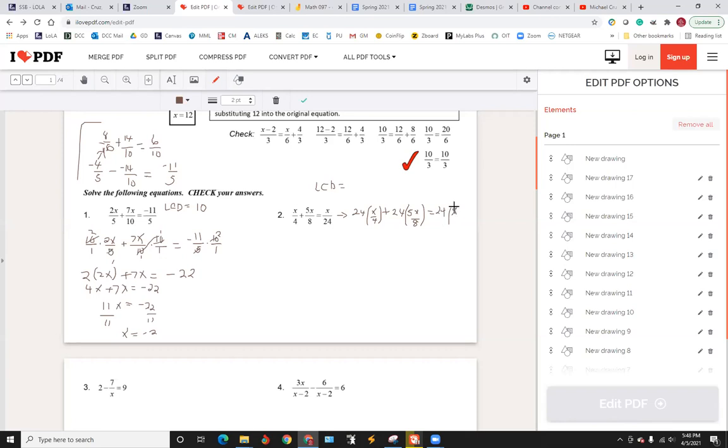So that's x over 24. Now, hopefully, since this is over 1, you can see that that's gone, and all you have left is just the x. Here, 8 goes into 24 3 times, and so 3 times 5x is 15x. 4 into 24 goes 6 times. 6 times x.